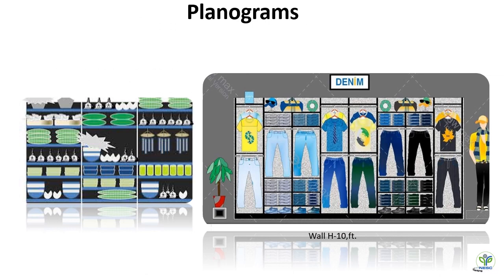One of the factors to consider while planning a planogram is color blocking. Color blocking refers to the merchandising methodology that uses color coordination to improve the visual aesthetics of the product displays and encourage store walk-ins and sales.